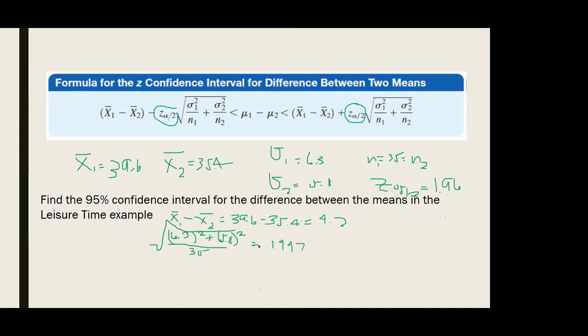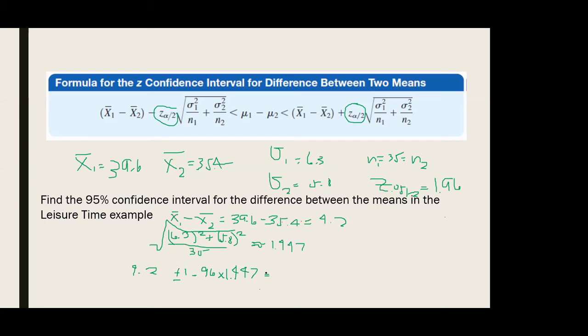Okay, so that is approximately. Now that we have this, it's very easy to find the interval. So you just need to do this: 4.2 plus minus, because this is now the range, 1.96 z times 1.447.